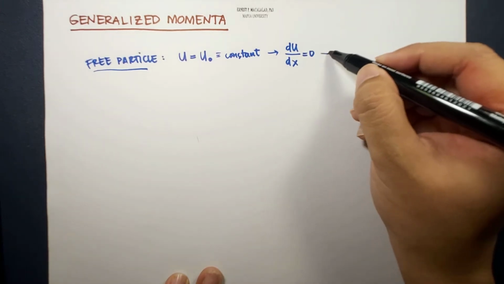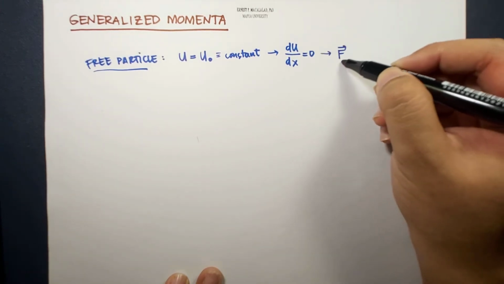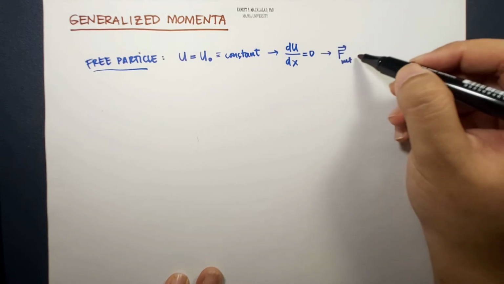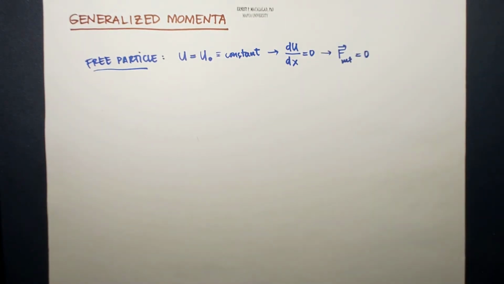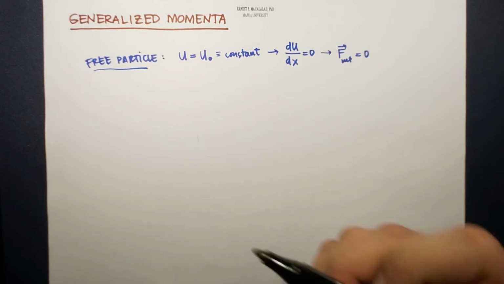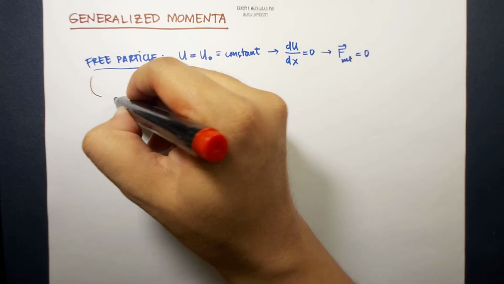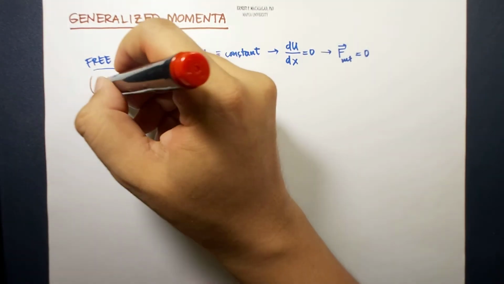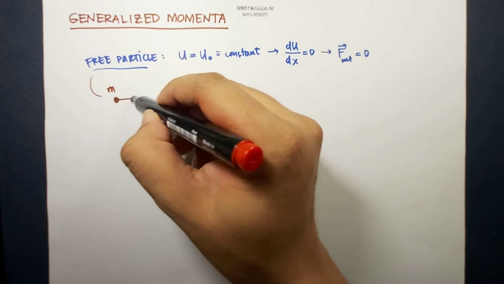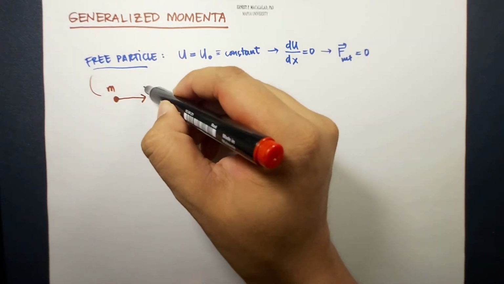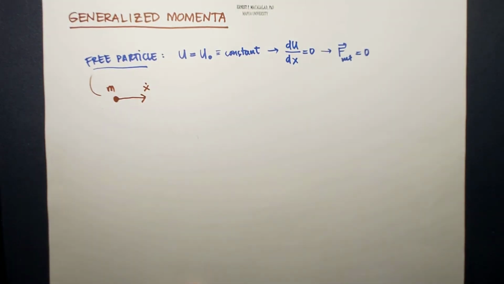It means that the net force acting on a particle is equal to 0. So, if you have a free particle whose mass is m, moving in one dimension, in the x direction, that means it has a velocity x dot.